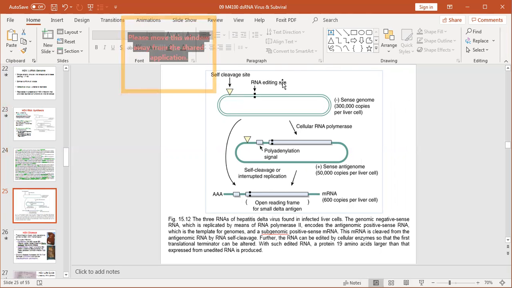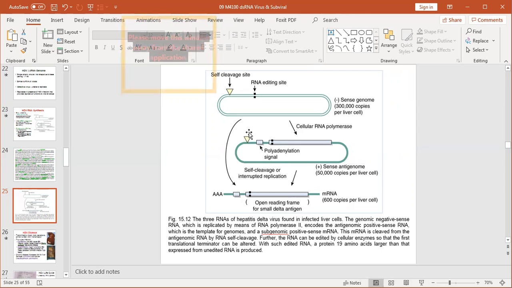As we mentioned, one is the negative RNA, one is a positive RNA made with the use of host cell RNA polymerase 2, the number of which is a lot smaller, and through two different mechanisms. One is interrupted replication of the positive strand, or through self-cleavage.